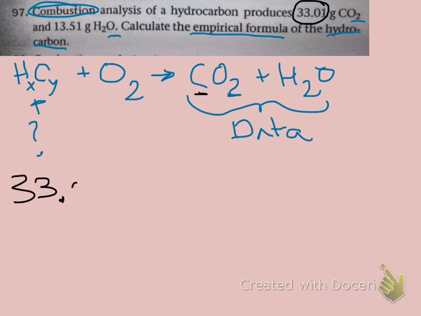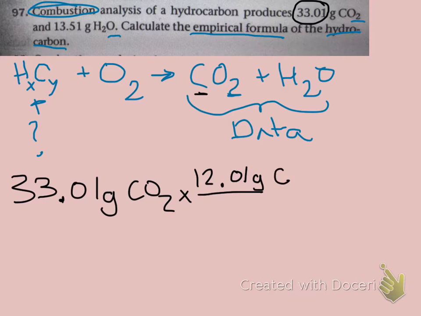If we have 33.01 grams of carbon dioxide, we know that we have 12.01 grams of carbon for every 44.01 grams of carbon dioxide. 44.01 is the total molar mass of carbon dioxide, and there's one carbon for every molecule of carbon dioxide.